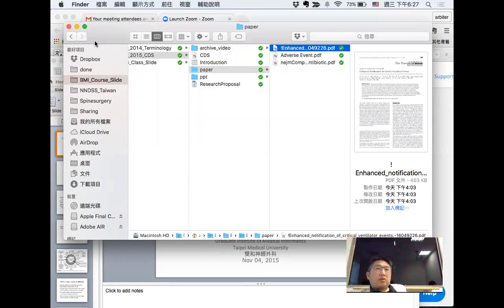But this was back in 2005, so it was kind of a pioneer, that you can send an alarm message to a whole setting. But that is not teaching physicians something new, just alerting them, giving you awareness. Yeah.